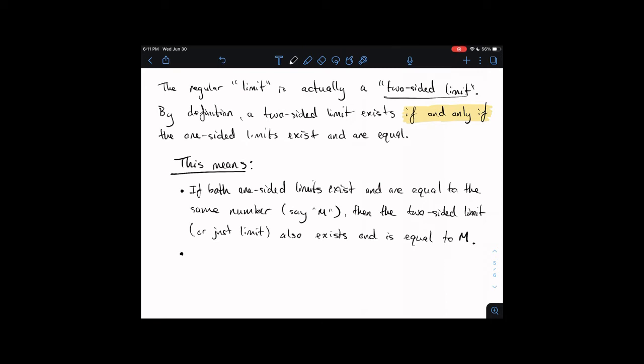So it also means that if the two-sided limit exists and is equal to M, then we know that both the one-sided limits exist, and they are both equal to M.